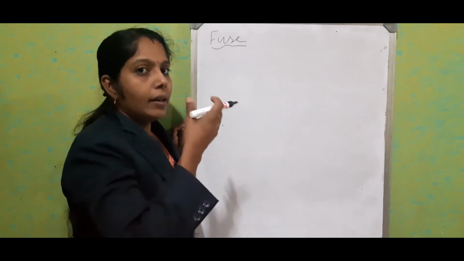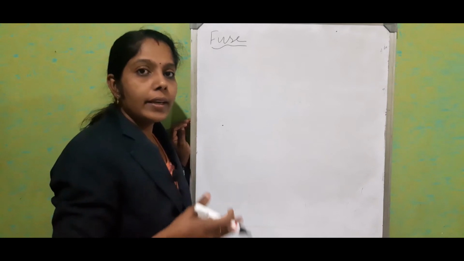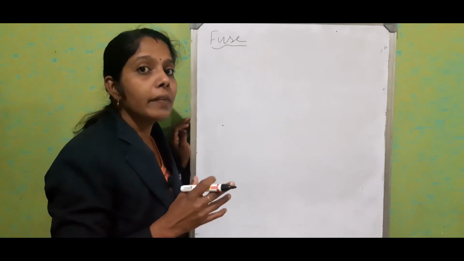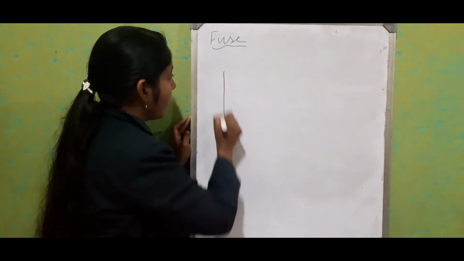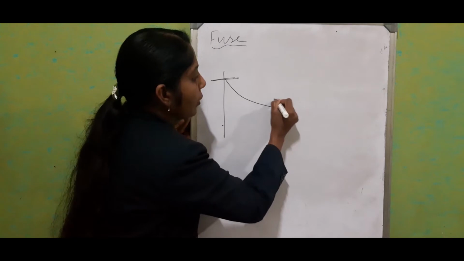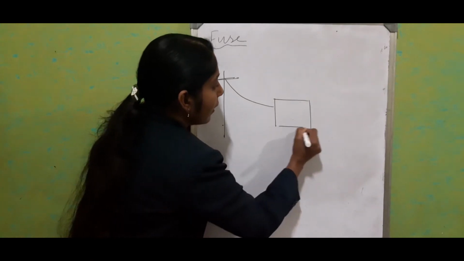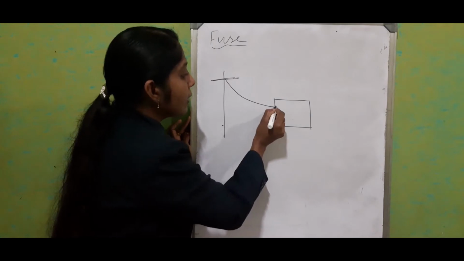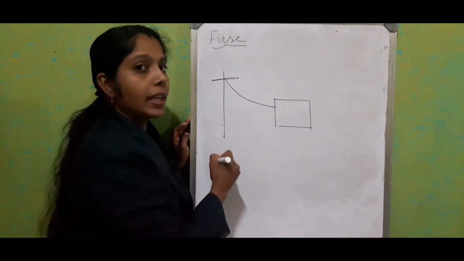From the electric post we get the connection through a cable, and that cable is made up of 3 wires. Consider this a board installed in our home. This board consists of 3 wires. Which are the 3 wires?